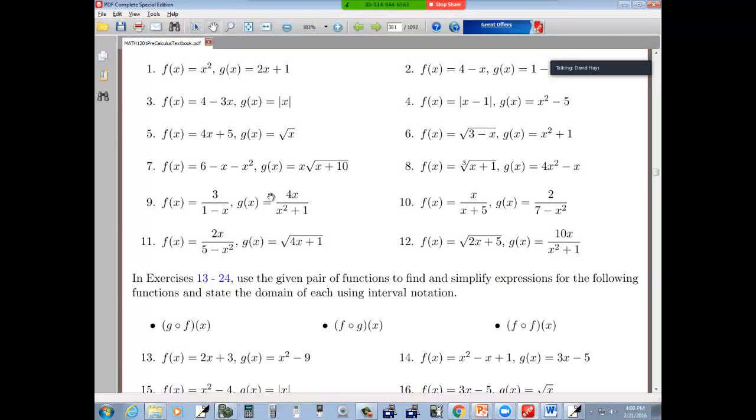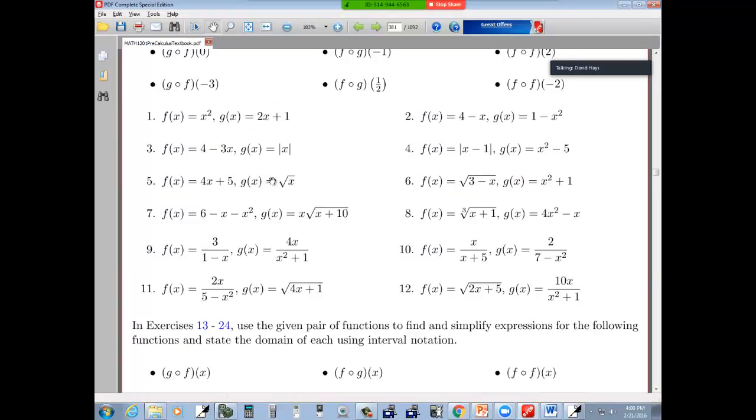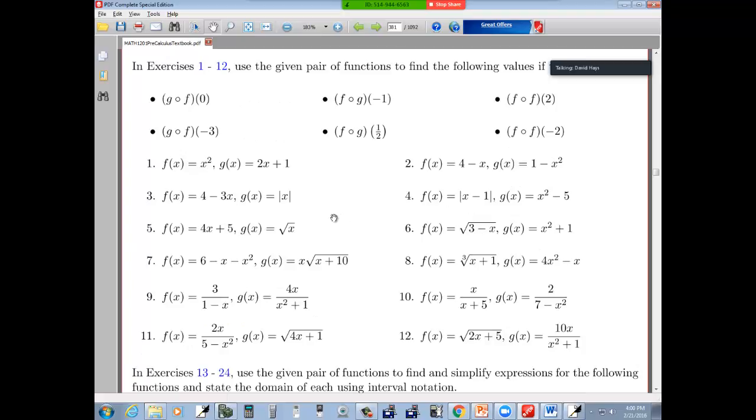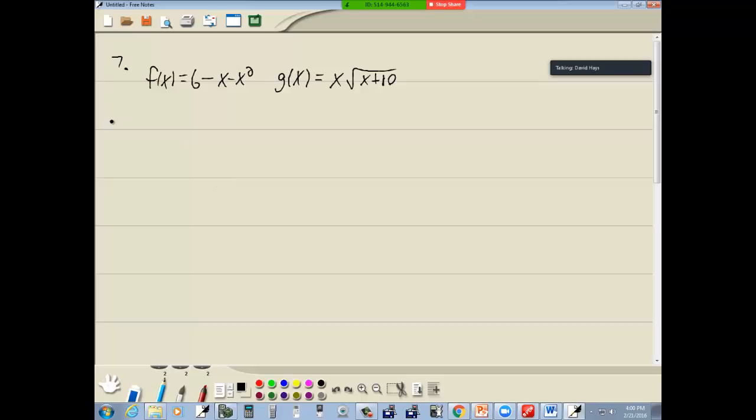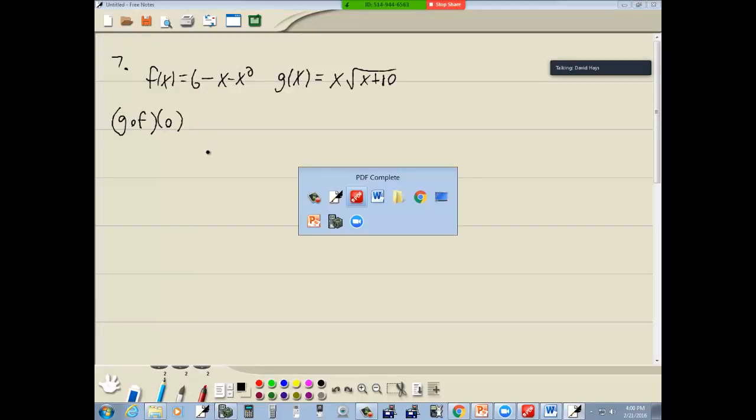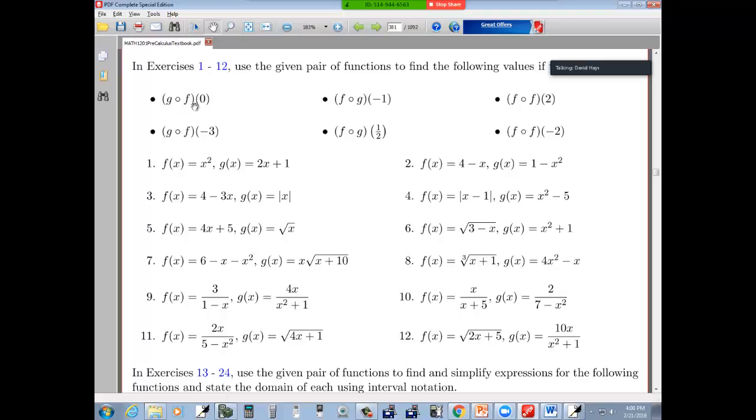And the instructions say we want to find each one of these values. Okay. Now there's different ways you can do this, and I'll show you the easiest way when working with numbers.